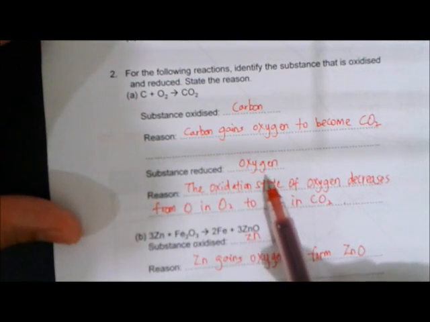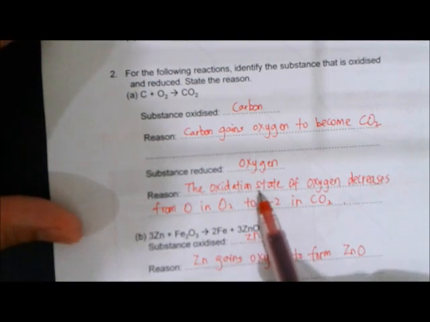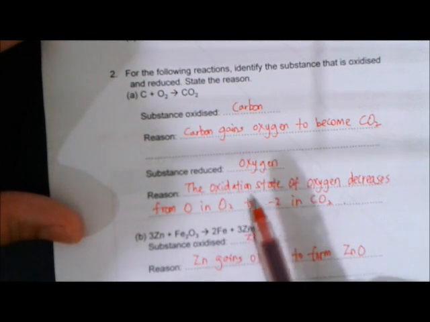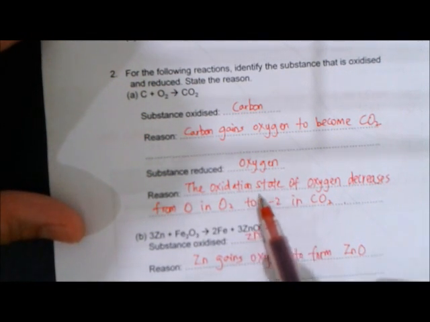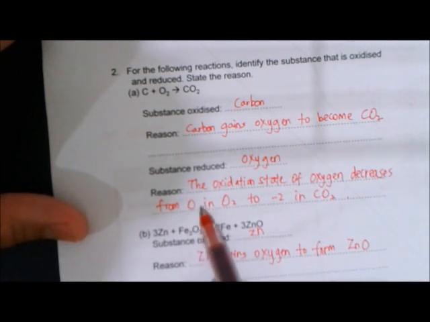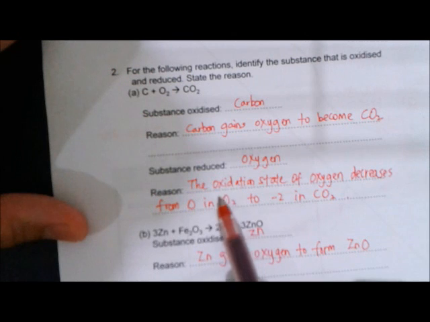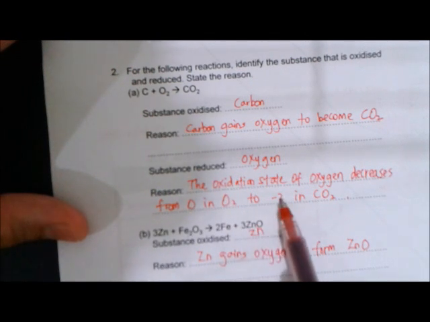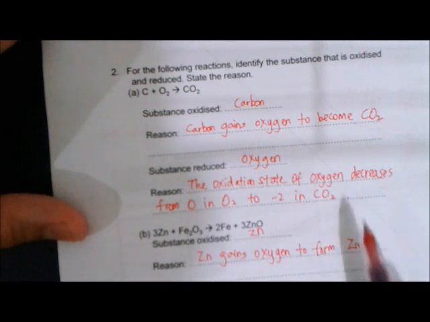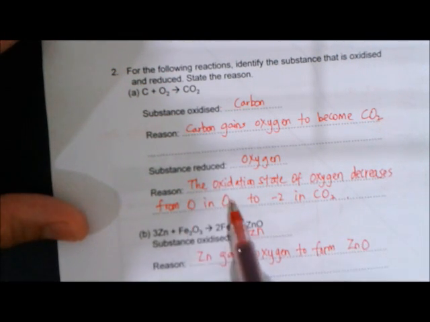For example, if you are explaining from the point of view of oxidation state, you need to find out the oxidation state of the substance, its value, and in which substance, and then it will turn to the new oxidation state in another substance. So 1, 2, 3, 4. These four are the key points in this question.